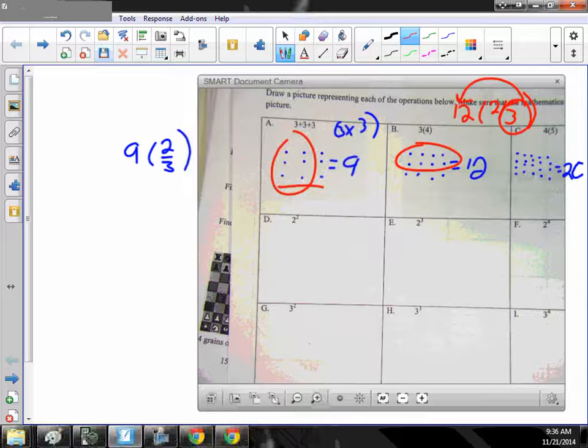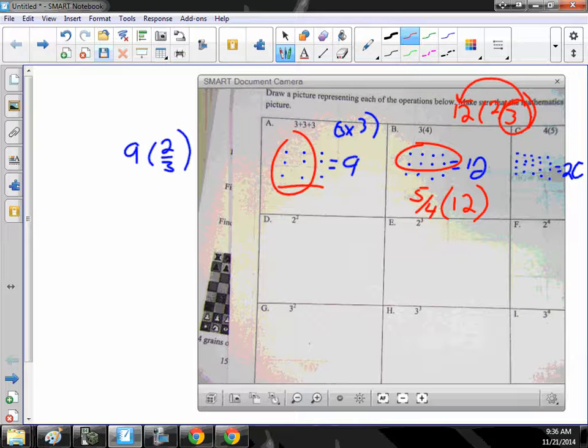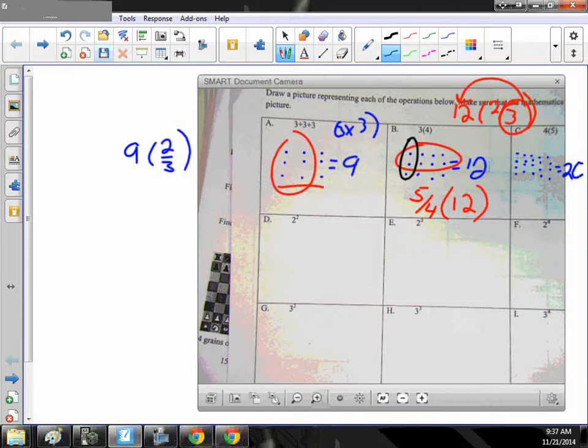Now here's something that's a little tricky. What if I did 5/4 times 12? Can I split 12 into fourths? What is it? 3. So if I look at the columns, a fourth of 12 would be 3.